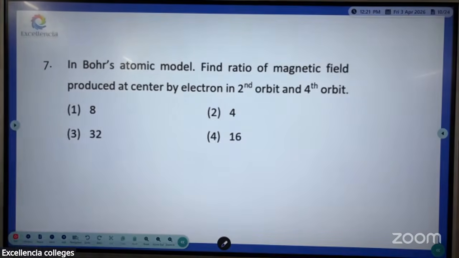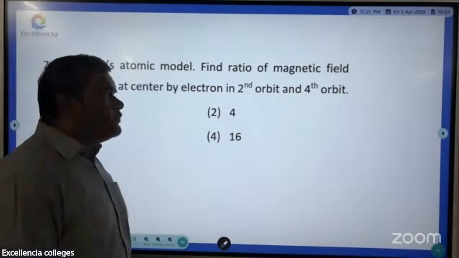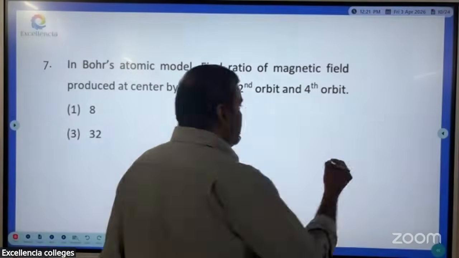And let's see this. In Bohr's atomic model, find the ratio of the magnetic field produced at the center by the electron in the second orbit and fourth orbit. Right. So Bohr's atomic model.